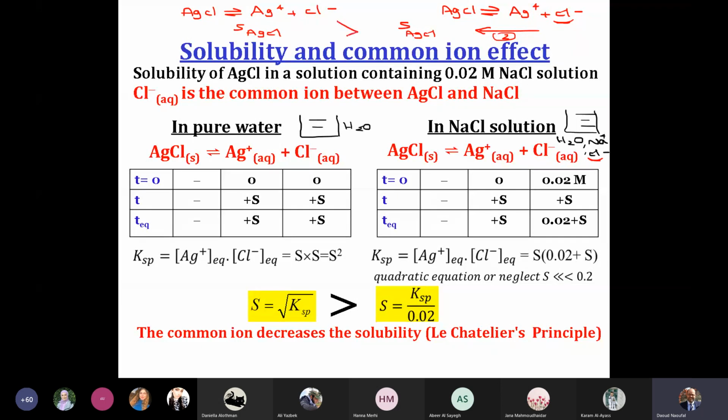So S prime is less than the initial solubility.